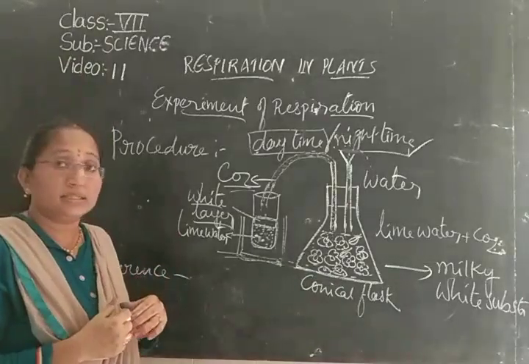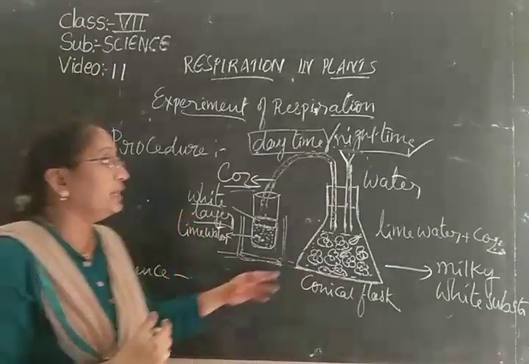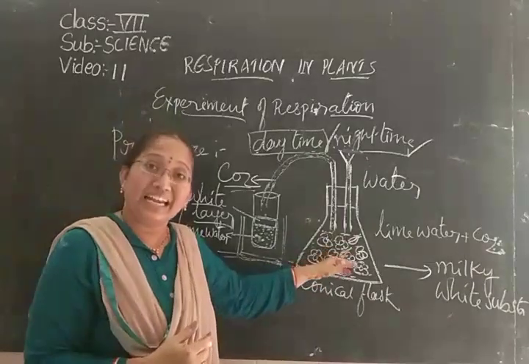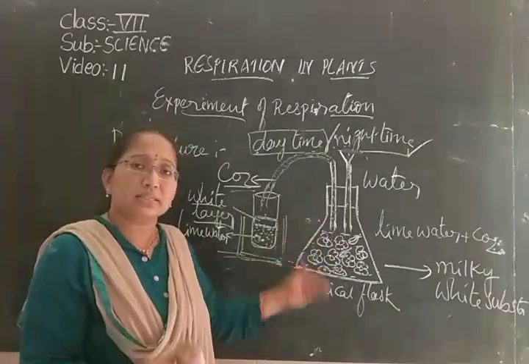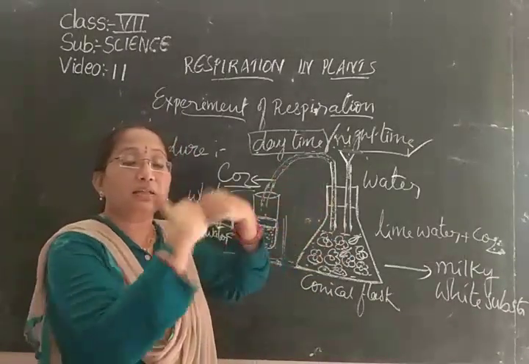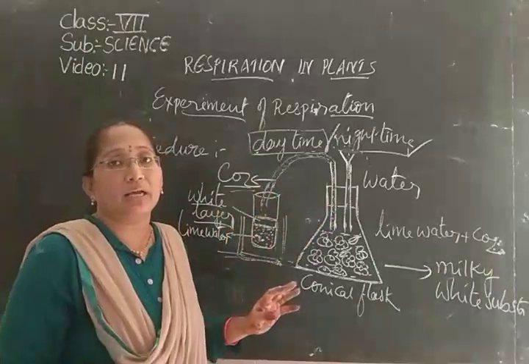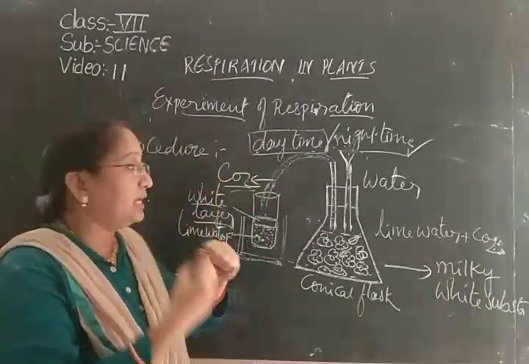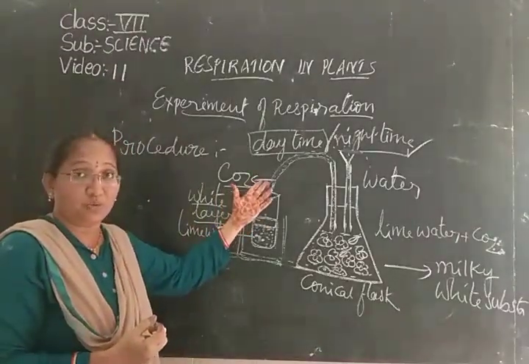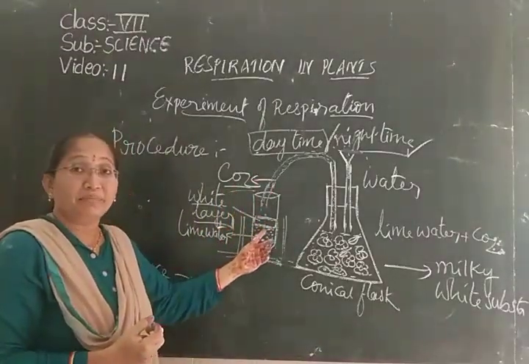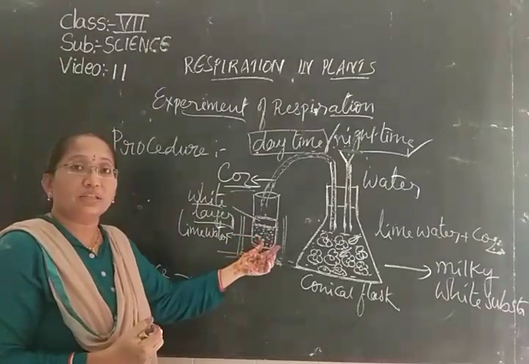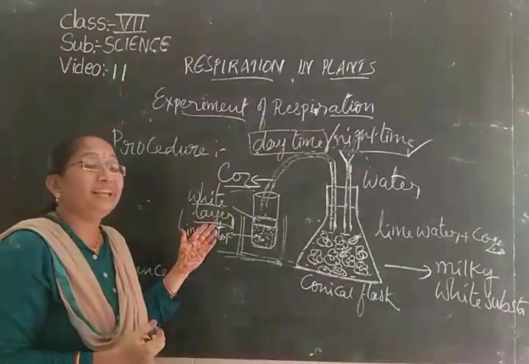we inhale oxygen, isn't it? So oxygen is there in the flowers and leaves, and after taking that oxygen, they are sending out carbon dioxide. That carbon dioxide is caught through the tube, and we made it flow here so that it changes the lime water to a milky white layer.